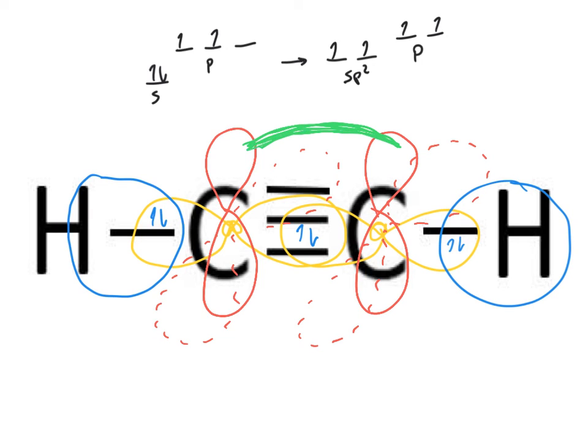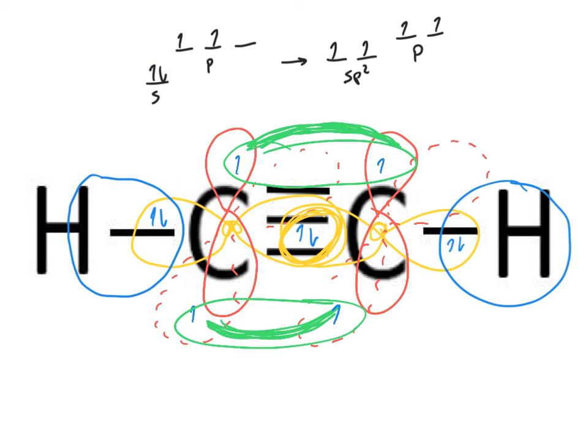We'll have a pi bond between these two, and we can form another pi bond between these two. And so that now gives us our one sigma bond between the two carbon atoms, and it also gives us our two pi bonds between the two. So one sigma bond and two pi's for our overall triple bond between our two carbon atoms.